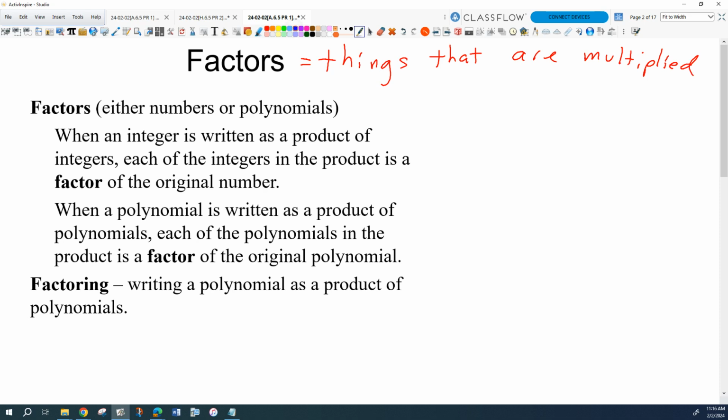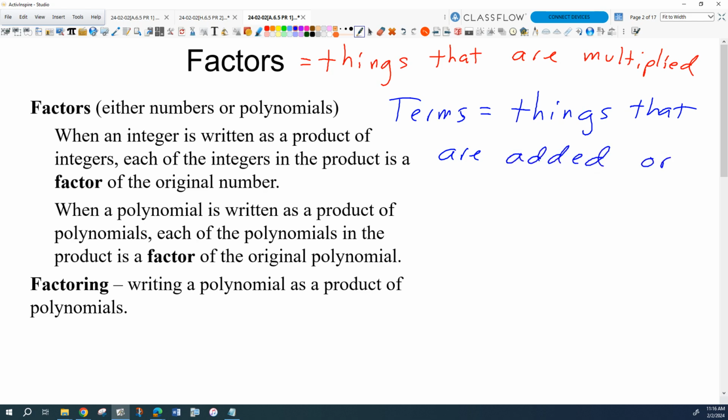Terms in math are just things that are what? You tell me. Added or subtracted. Right? Factors, things that are multiplied. Terms are things that are added or subtracted.